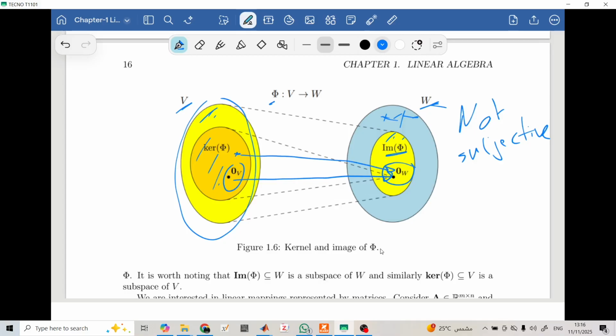So you have 2 points with the same image, meaning that this mapping is not injective. So if you see a null space that is not trivial, meaning that it has more elements than the all zero vector, this is an indication that the mapping is not injective or one-to-one.